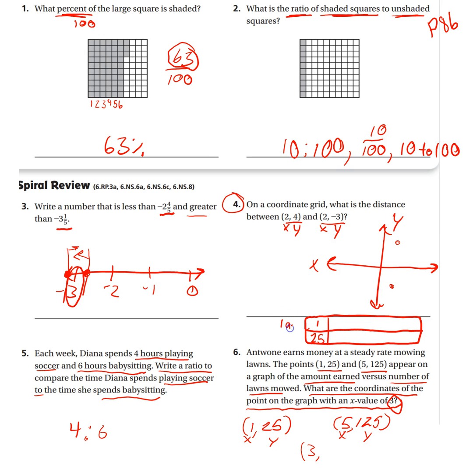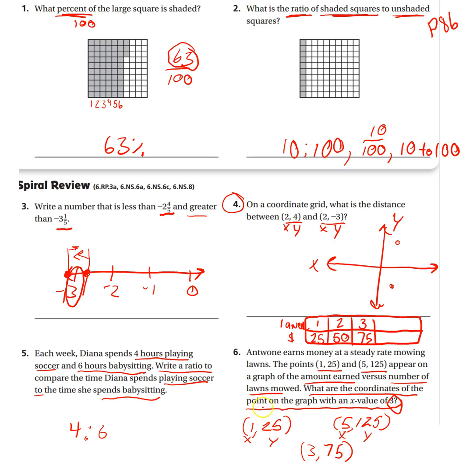And we have lawns and money. So for the second lawn, he's going to get another 25. If we think of quarters, 2 quarters is going to be 50. For a third lawn, he gets another 25, or 3 quarters, that's going to be 75. So for 3 lawns, he gets $75.